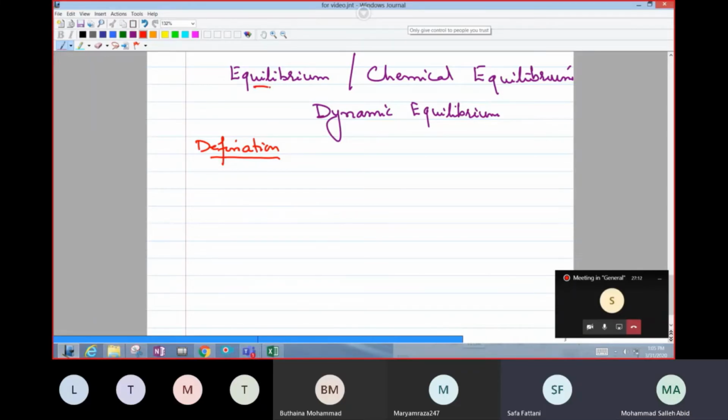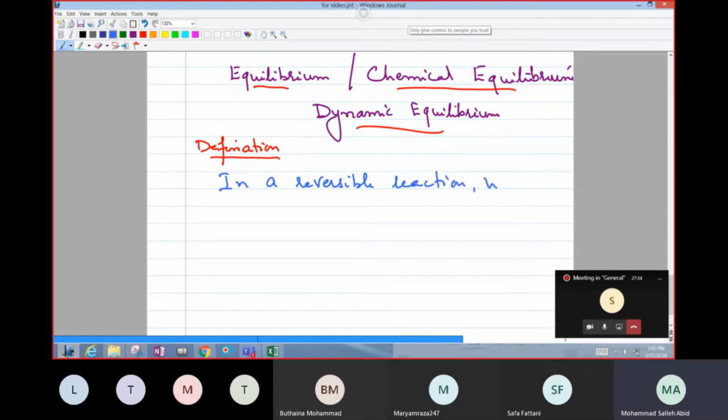Definition of dynamic equilibrium? Anything. In the exam they can say equilibrium, chemical equilibrium, or dynamic. It is the same definition. Is it when it's constant? No. In a reversible reaction. So the important thing is reversible reaction.